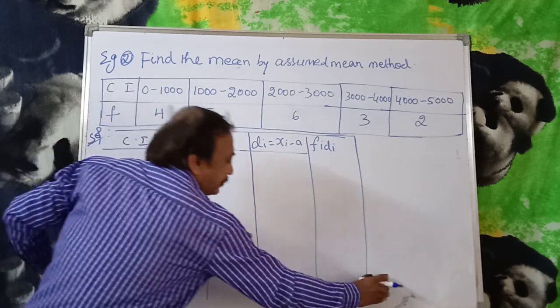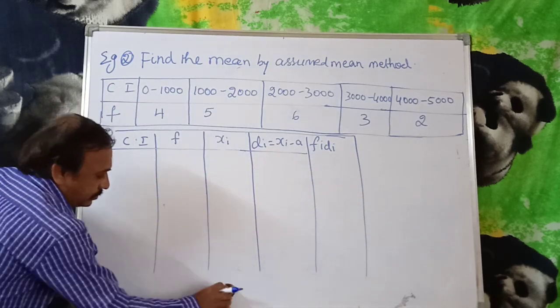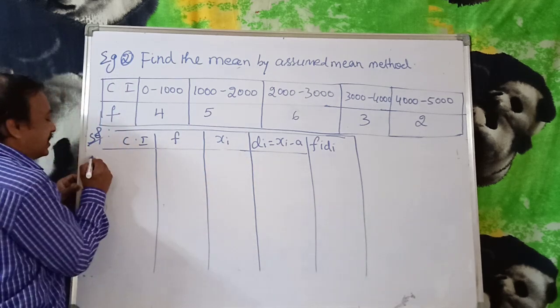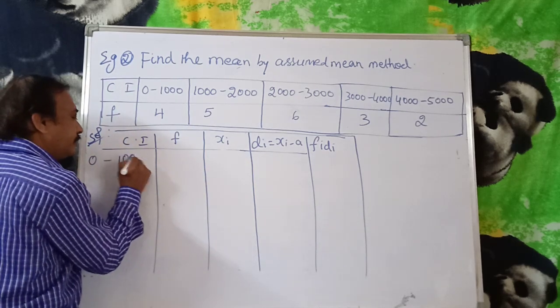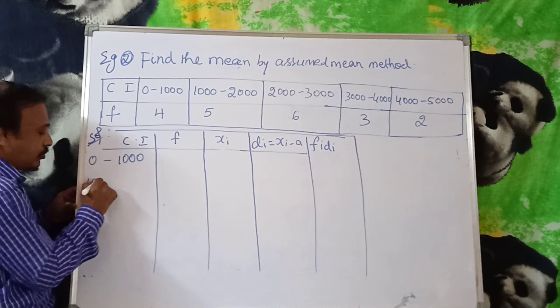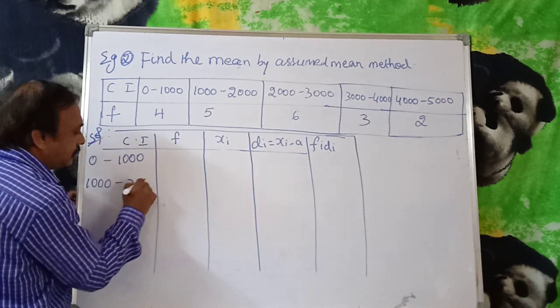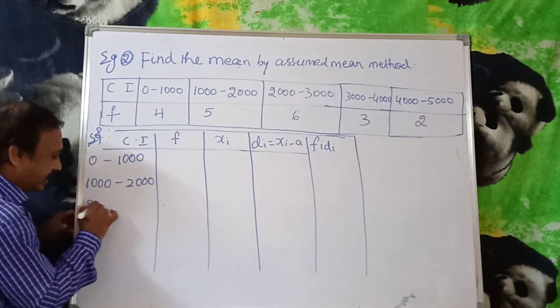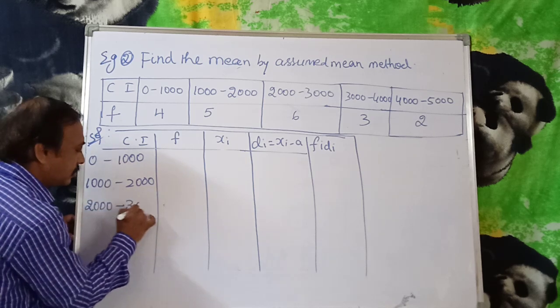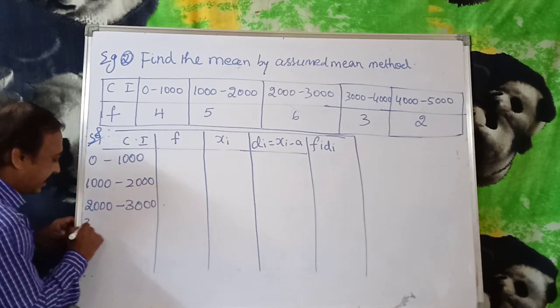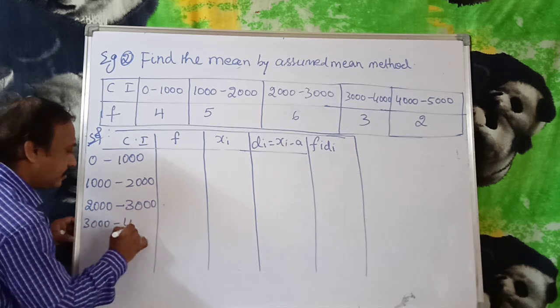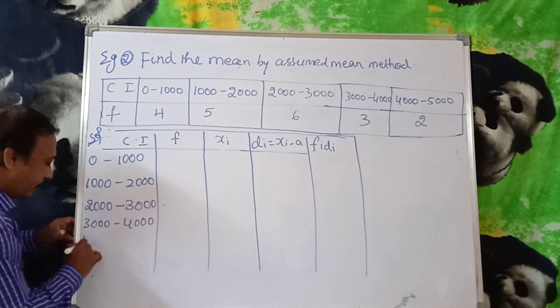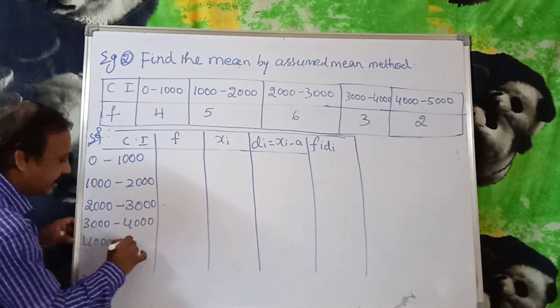Observe it carefully. That is 0 to 1000, then 1000 to 2000, 2000 to 3000, 3000 to 4000, 4000 to 5000.